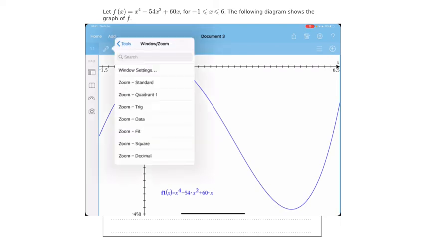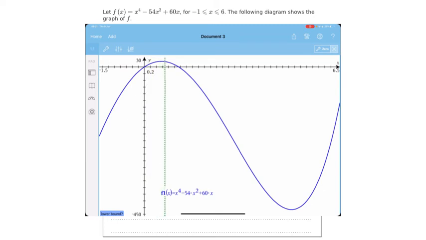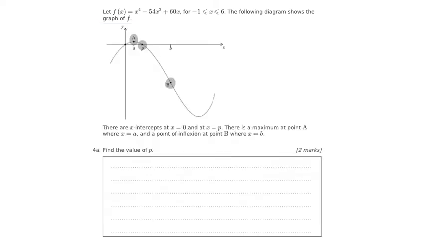So go to Menu, go to Analyze Graph, 0. We know roughly where it is, so there we have it. P is equal to 1.14.